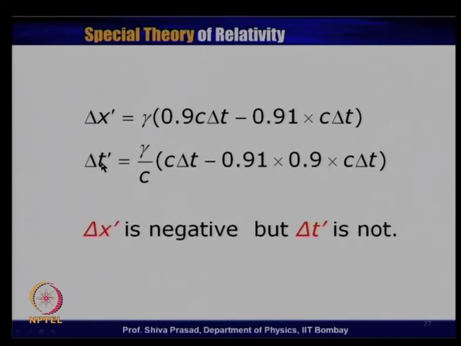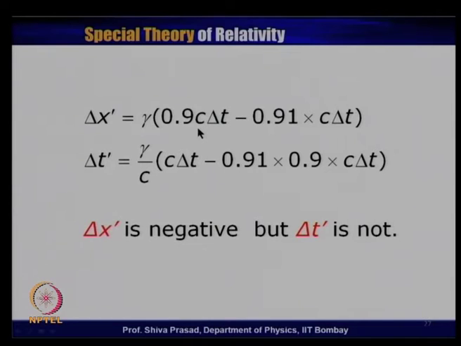Look at delta t prime. If I take c delta t common, this becomes 1 minus 0.91 multiplied by 0.9. When I multiply 0.91 by 0.9, I get a factor which is less than 1. Therefore, delta t prime is positive, because here you have 1 minus something which is less than 1.